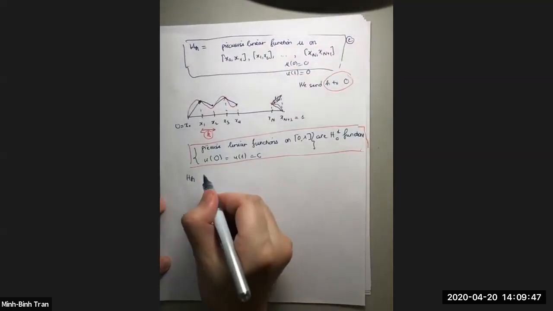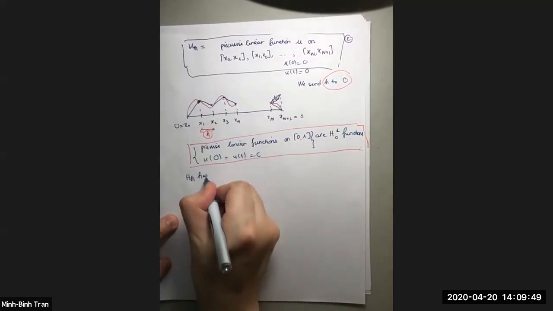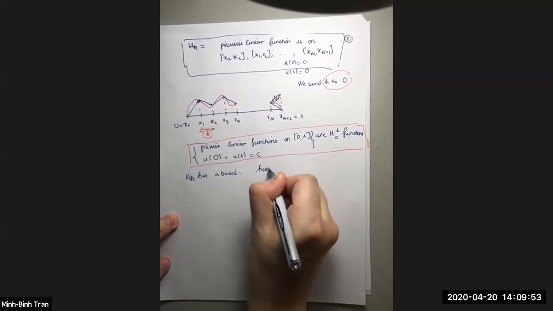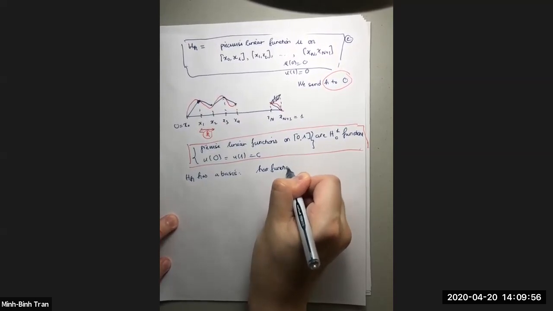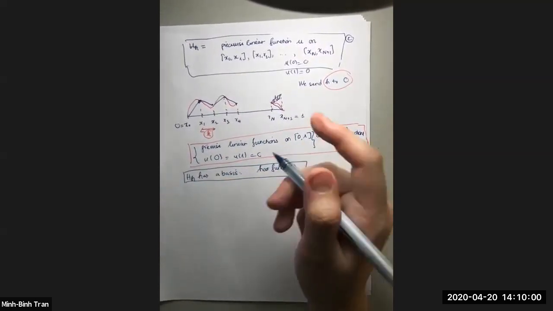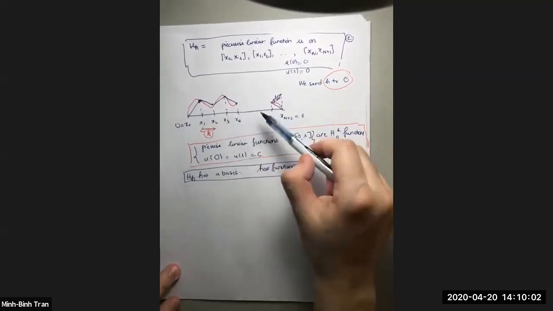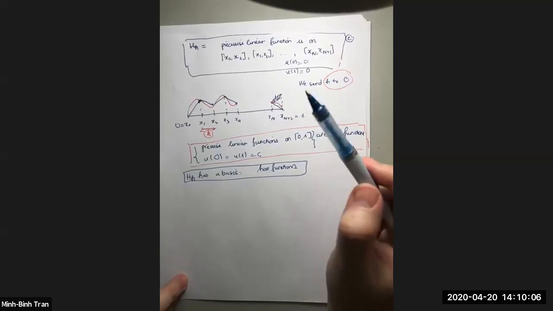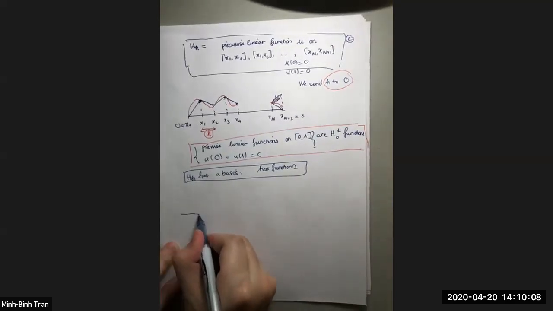hat functions. In the previous class, we also discussed that for all of the piecewise linear functions that we have here, the basis will be the hat function. So the hat function will be something like this.